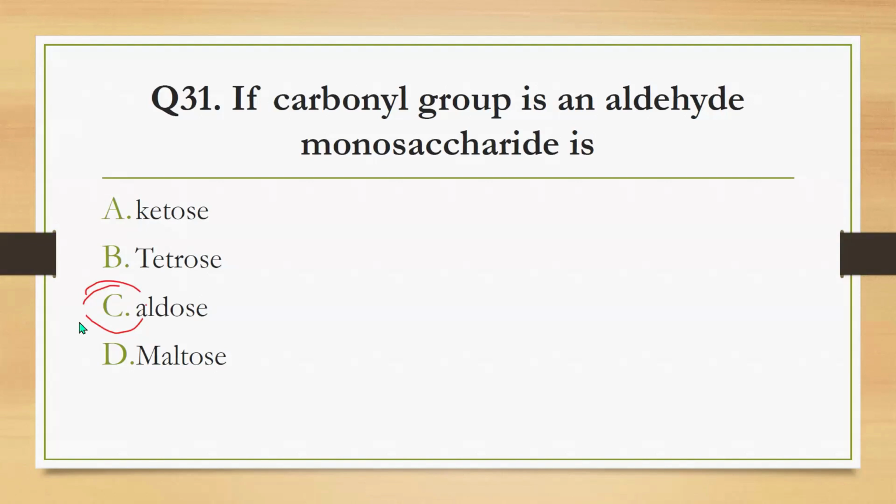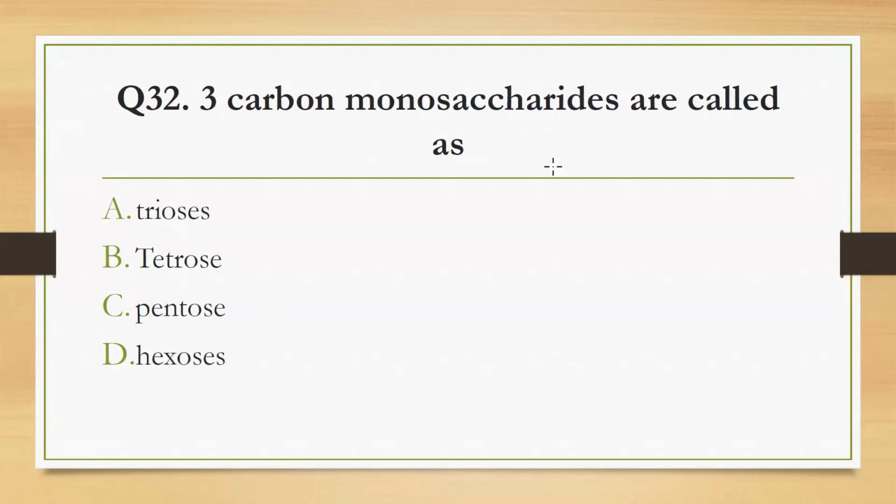Then, a monosaccharide with 3 carbons is called a triose. So the answer is E, trioses. Those that have 4 are called tetroses. Those with 5 are called pentoses.